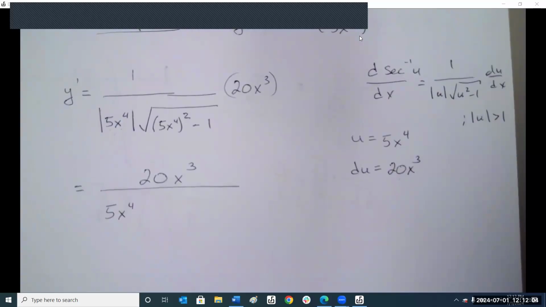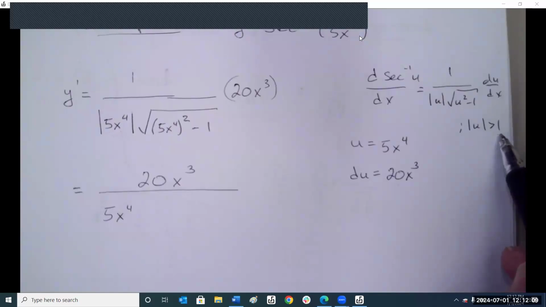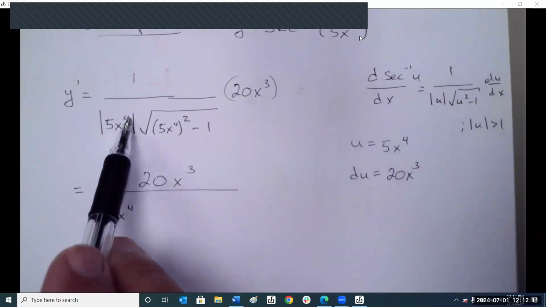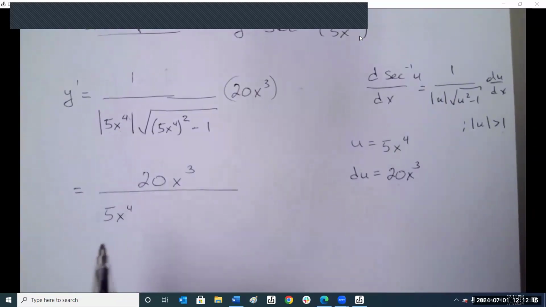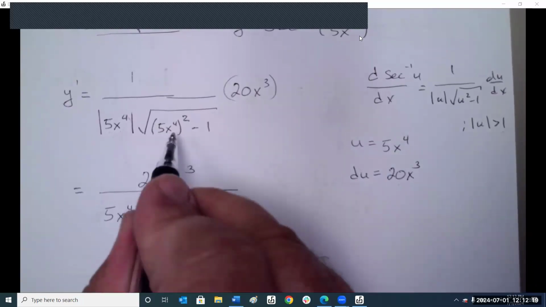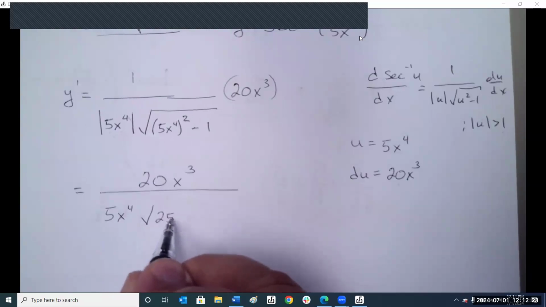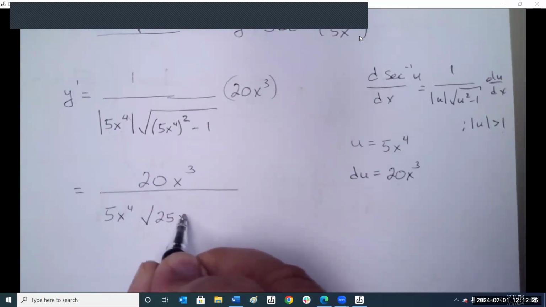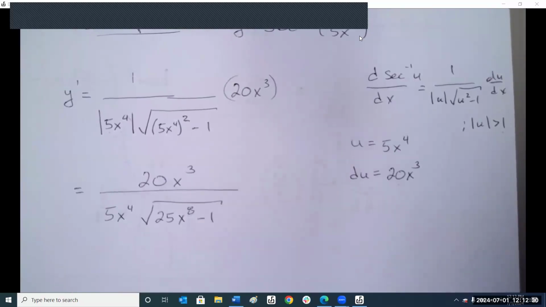You only need it because, remember, the absolute value always has to be greater than 1. Since it's an even exponent, there's no way the inside here can ever be negative. So 5x to the fourth squared would be 25x to the eighth, minus 1.